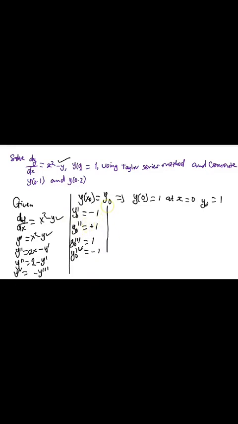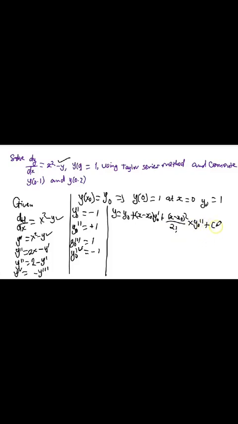So let's now look at the Taylor series formula. The Taylor series formula says that y is equal to y naught plus x minus x naught multiplied by y naught prime, plus x minus x naught squared divided by 2 factorial multiplied by y naught double prime.